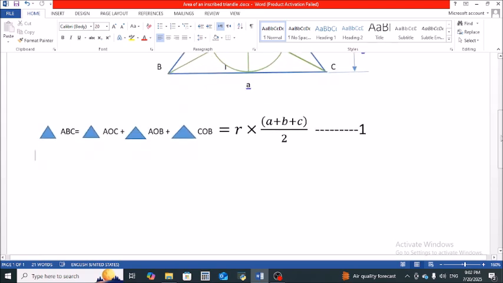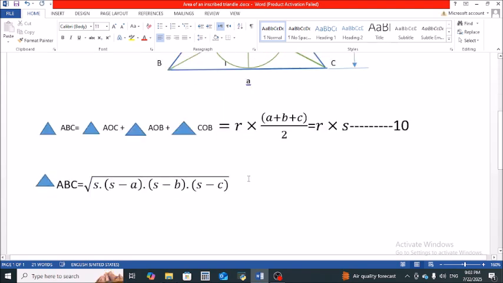And from trigonometry, the area of a triangle in terms of its three sides, if they are known, is equal to the square root of S into (S minus a), (S minus b), (S minus c).